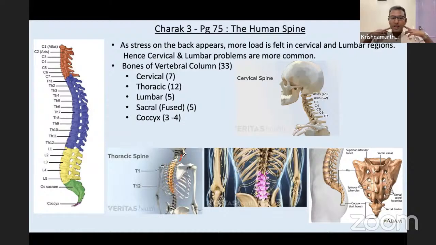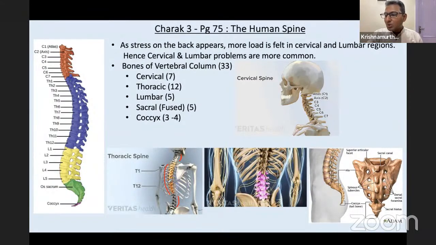And the lumbar part also has no support. It is standing by itself. But when it comes to thoracic, it has support from your chest bones, the rib cage. These ribs give the support to the thoracic structure.